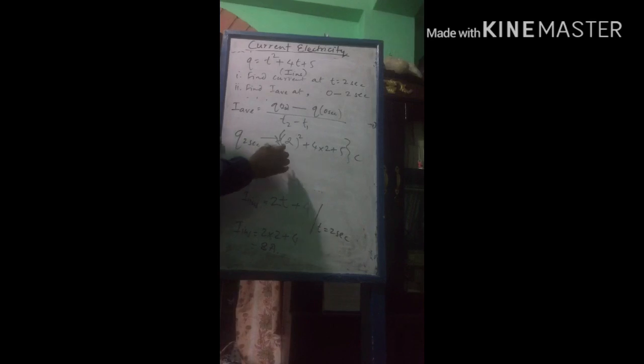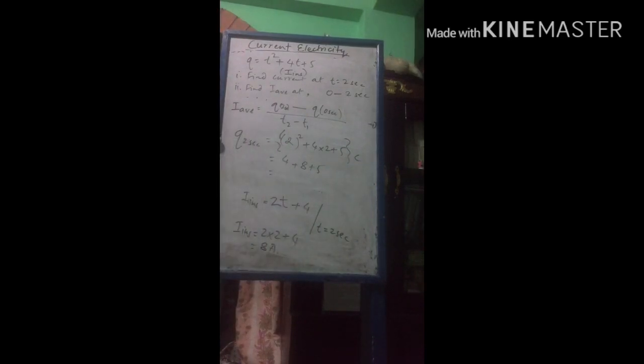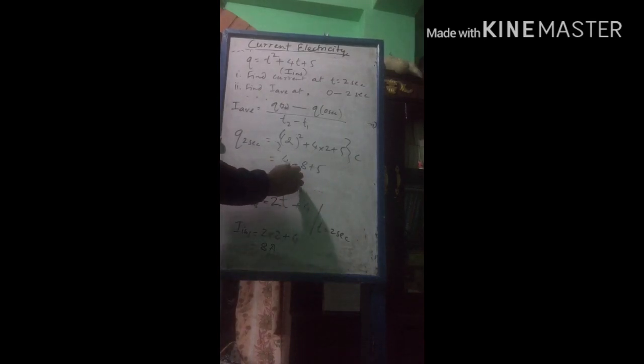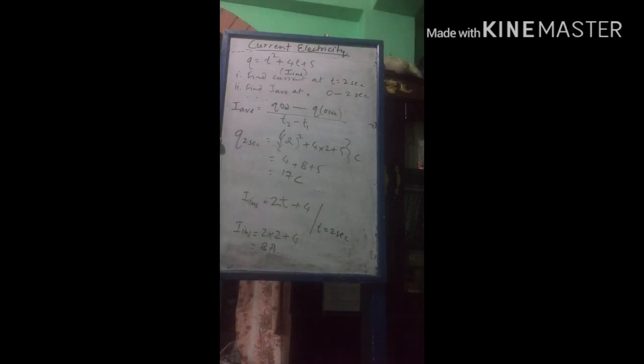That is equals 2 twos are 4, plus 4 twos are 8, plus 5 coulomb. Let us find it: 17 coulomb is the required charge in 2 seconds.